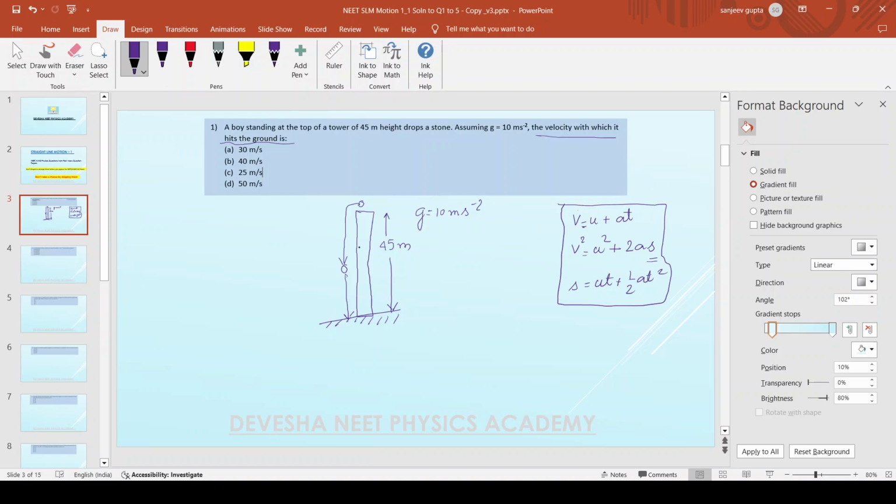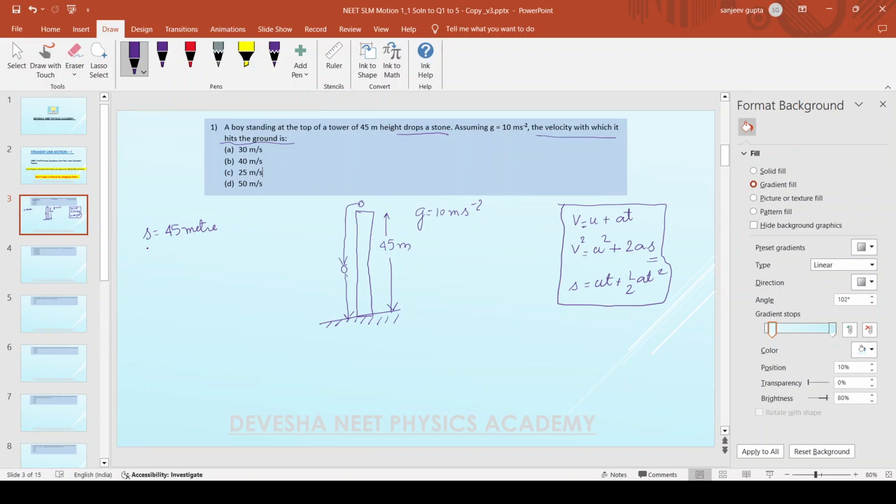Now coming back to this problem, what is given to us is that the distance traversed by the body from the top, s, is equal to 45 meters. And it is being dropped from the top, which is mentioned here. It is not that he's throwing it with an initial velocity, he's just dropping the stone.